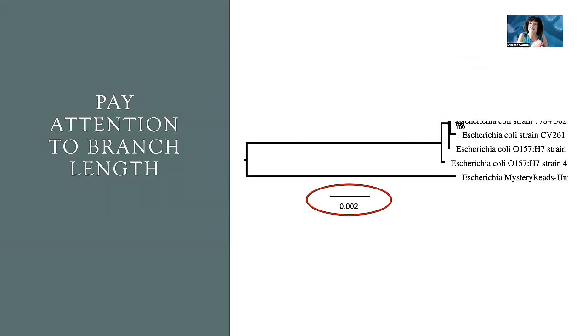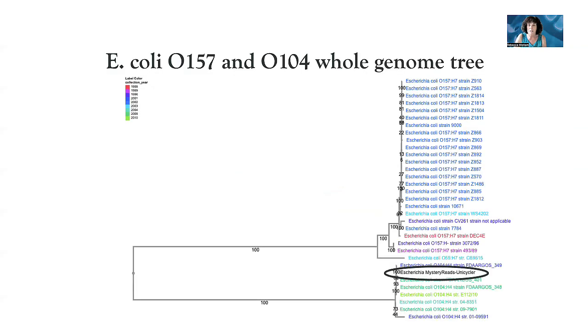The branch length is telling you the amount of change based on the entire alignment sequences. This is 500 genes, nucleotide, and amino acids, so it's a lot of data. So it's telling you on that particular scale, it's that many changes across that. So pay attention to that. That's an important thing to know.